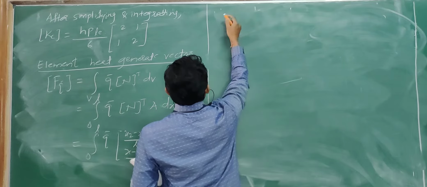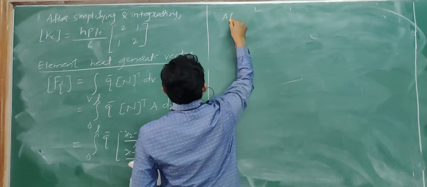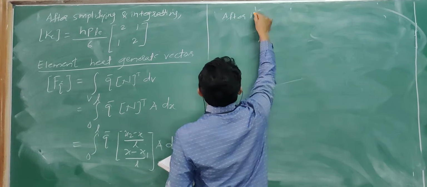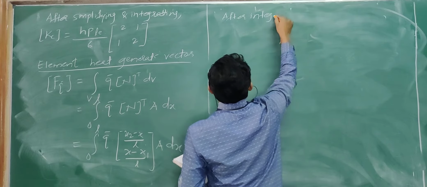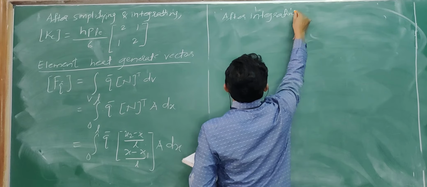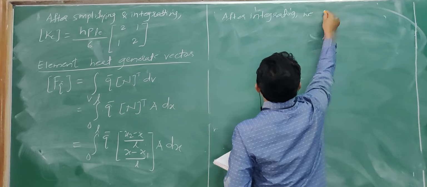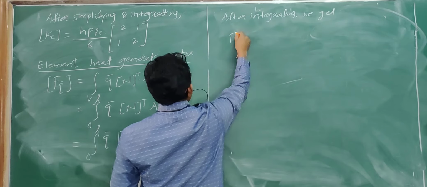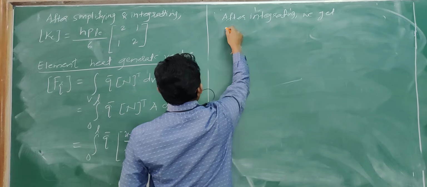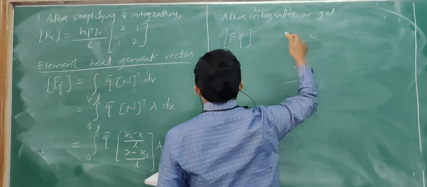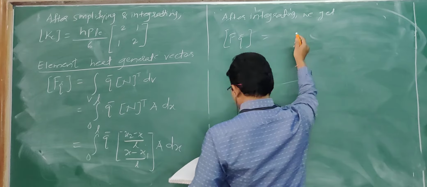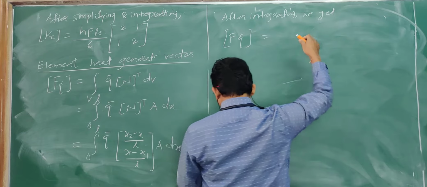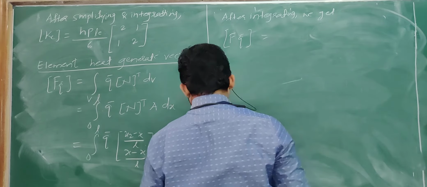Okay, so I'll take out the constant terms outside. So after integration, we get F q bar, that is the force vector due to heat generation, as, so I am not going to explain the integration again, so the same you can continue.